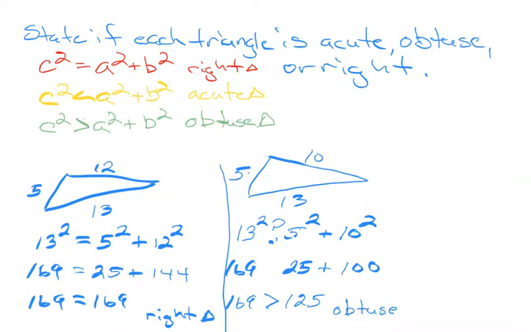So the steps will always be the same. We take the number of the largest side, leave it as C. Then we plug in the other two. It doesn't even matter where we plug them in.